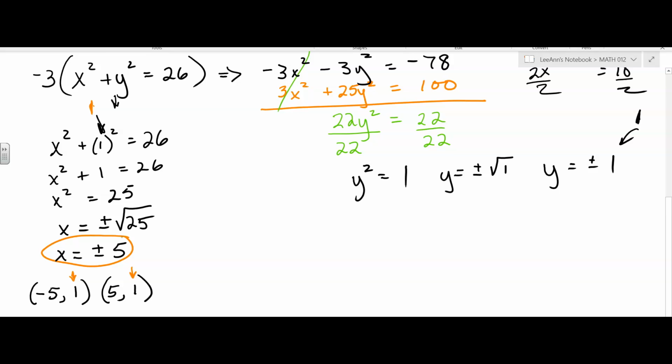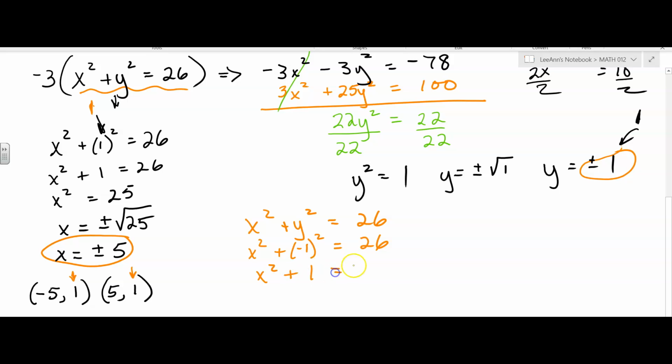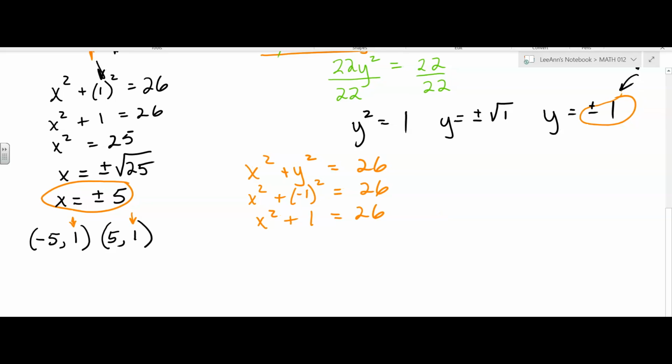Okay, now we're going to use the negative 1. So I'm going to rewrite this equation right here. x squared plus y squared equals 26. But now I'm going to put in a negative 1 for y. And I get x squared plus 1 equals 26. Oh, it looks the same because we were squaring it, right? Okay, so you get x squared equals 25, or x equals plus or minus 5, right?